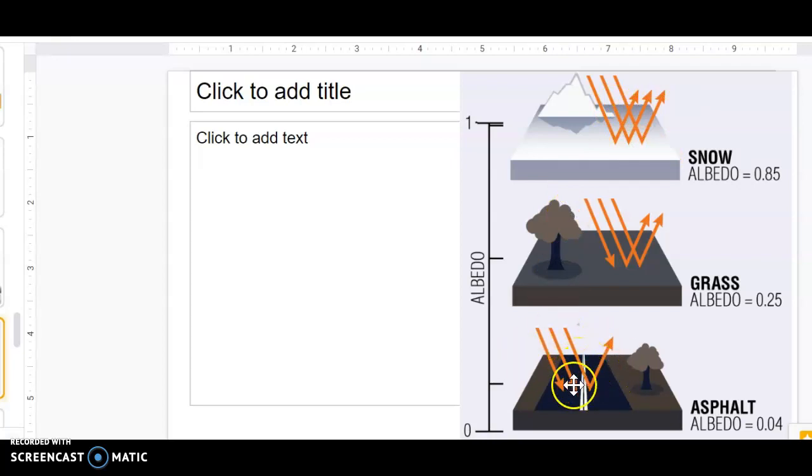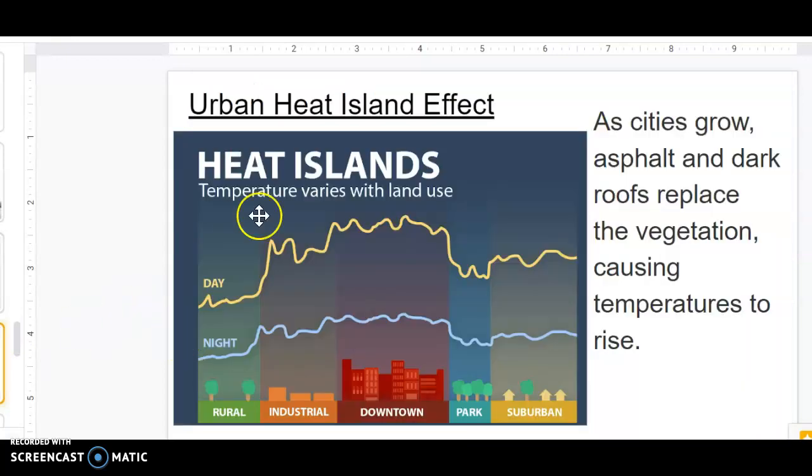But something like asphalt, it's very dark colored, and so it tends to hold on to that heat, and the light rays coming in tend to get absorbed, and not much of it gets reflected. So this we say has a very low albedo, and it tends to heat up quick. So that's kind of what those are, and it actually has a big effect.